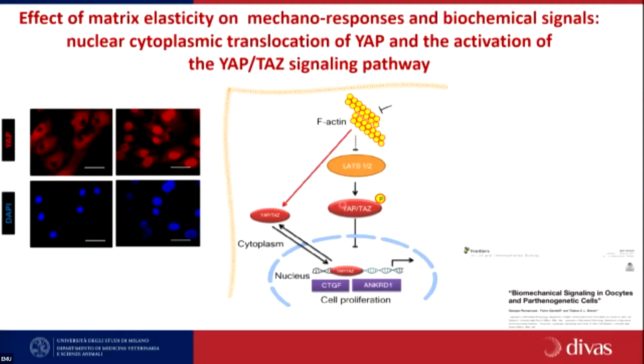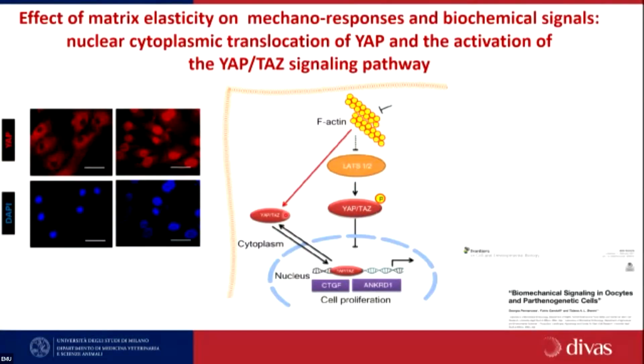The cell is informed about the stiffness of the environment through YAP, and YAP will be phosphorylated and compartmentalized to the cytoplasm in response to a certain stiffness, and the compartmentalization of YAP to the cytoplasm will instruct cells to differentiate and not to proliferate, basically.